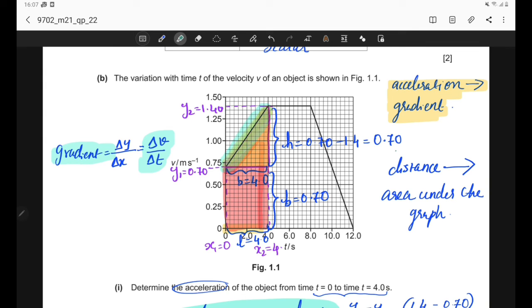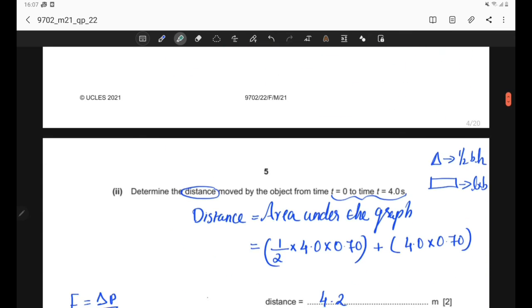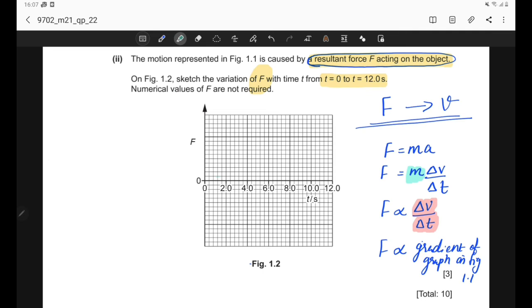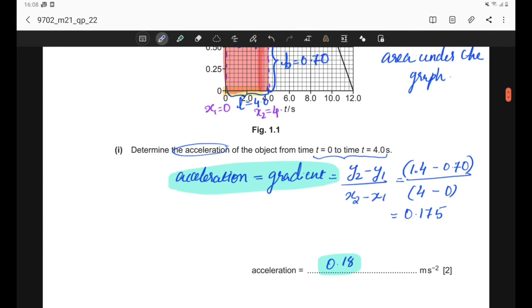During the time interval from 0 to 4 seconds, the gradient is a constant and positive value, and we have already calculated this gradient in the first section to calculate acceleration, and we got the gradient as 0.18.